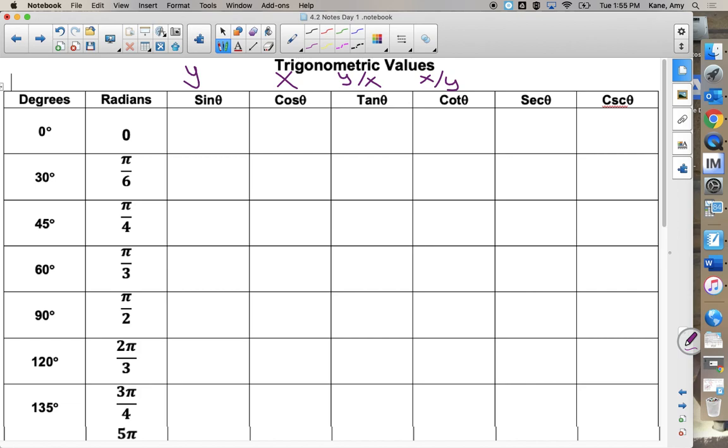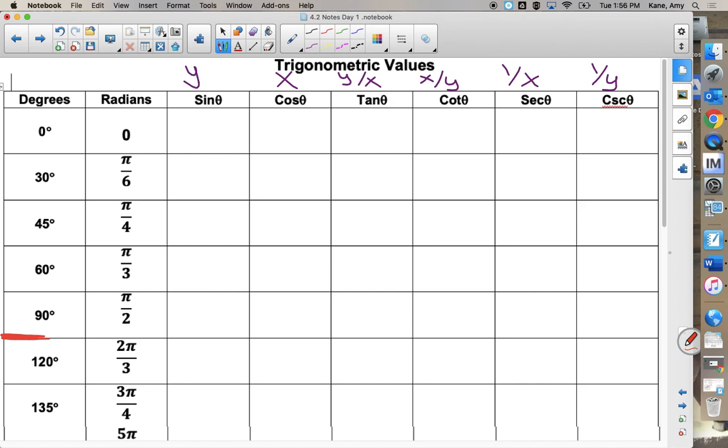The secant goes with the cosine, so the secant is 1 over x, and then the sine goes with the cosecant, 1 over y. So they kind of work their way into the center. That was my logic. Obviously that logic didn't work, huh?